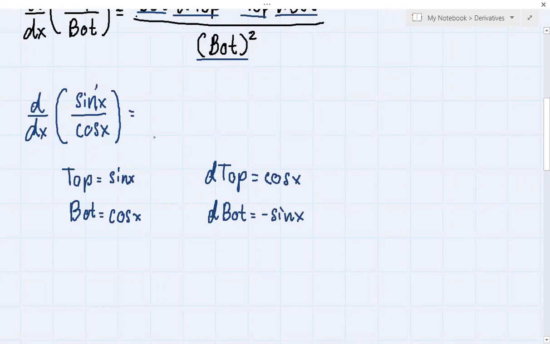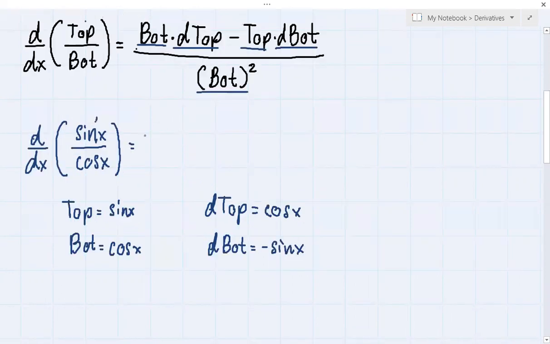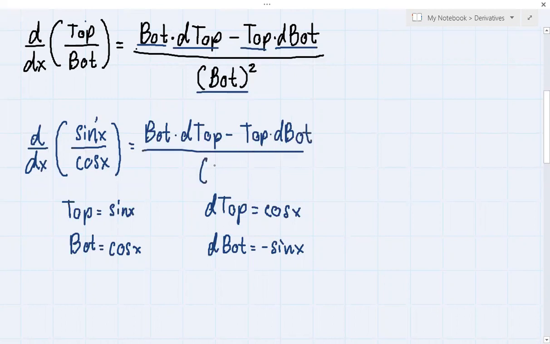Now, let's substitute the formula. So, we have, once again, bot d top minus top d bot. There you go. All over the square of bot. Okay. So, let's begin.